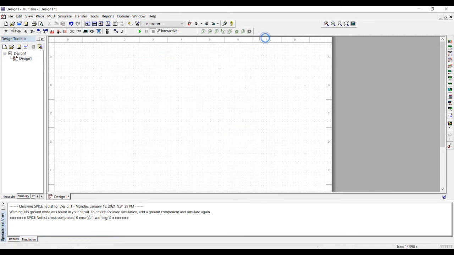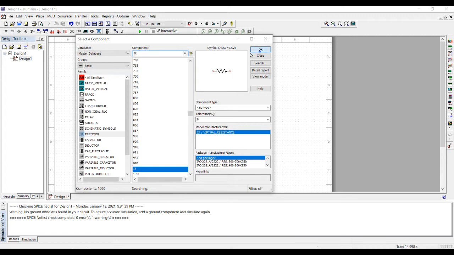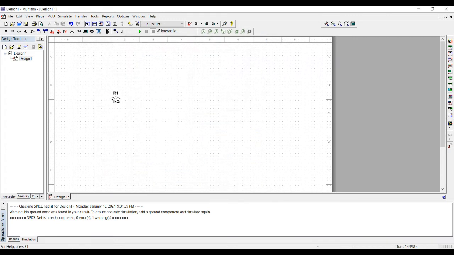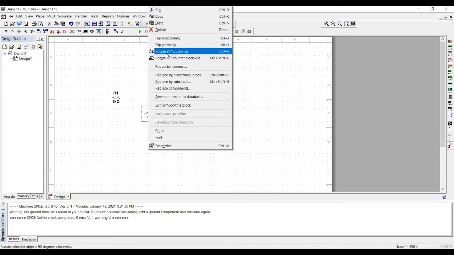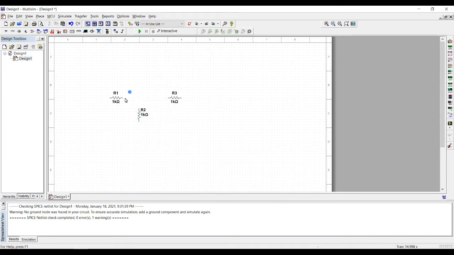Here we have some resistors. I'll just copy and paste them: copy, paste, 1, 2, 3. I'll make the connections similar to the above, and from here you can make the connections like this.